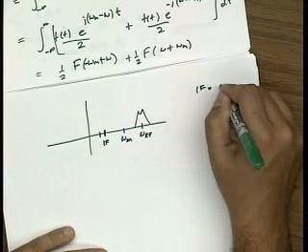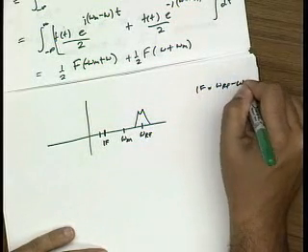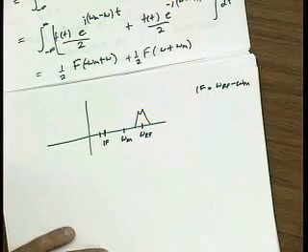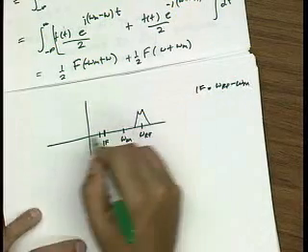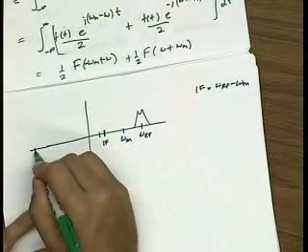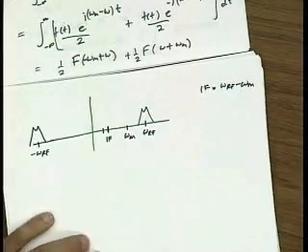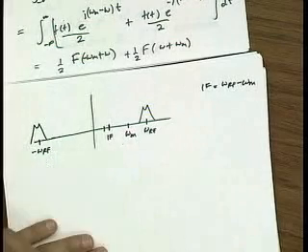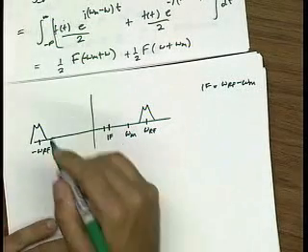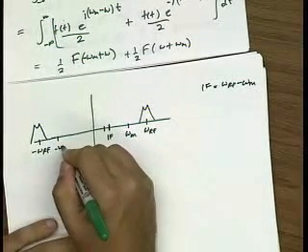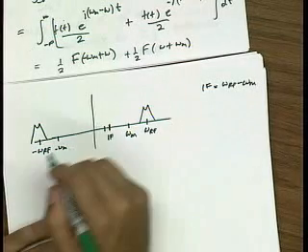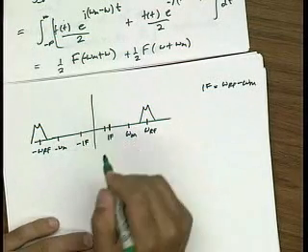IF is omega RF minus omega m. And because this is a real spectrum, I have to also consider the fact that it's an even function, and so if I transmit this, I also have to transmit this, right? So then I also have two frequency components and a minus IF frequency.